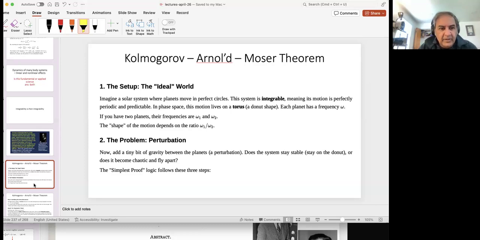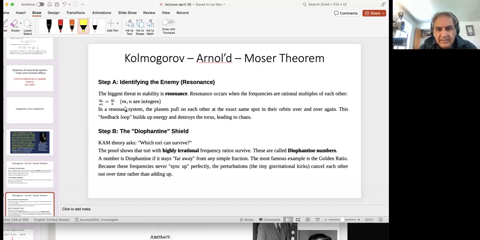If omega 1 over omega 2 is m over n, where m and n are integers, then the biggest threat to stability is resonance, and resonance can occur when the frequencies are rational multiples of each other, like this. Imagine Mars is going around and Earth is going around, but their frequencies are rational multiples of each other.